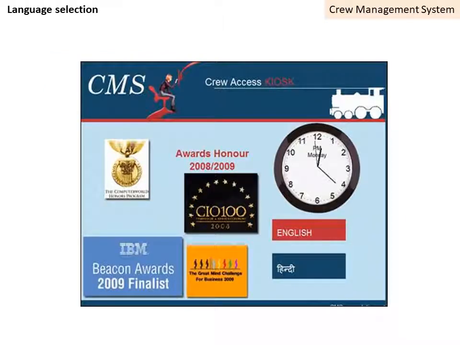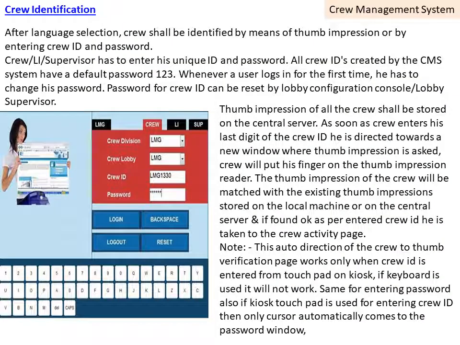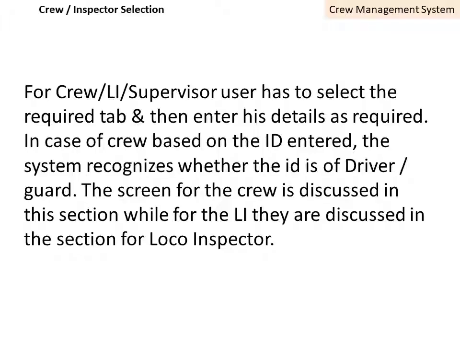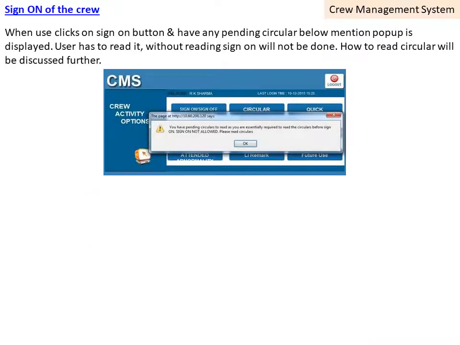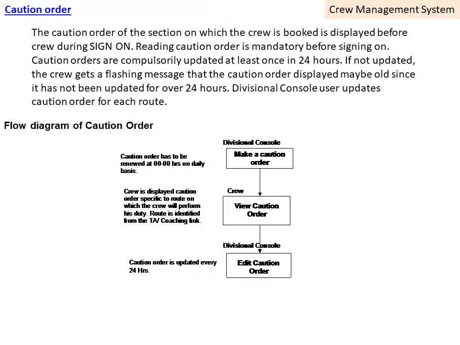This is the crew base module of the kiosk. LI id can be selected, supervisory id can be selected. Now here we see the cautionary display also, whether a cautionary is available and in which section, 20 km or 30 km.